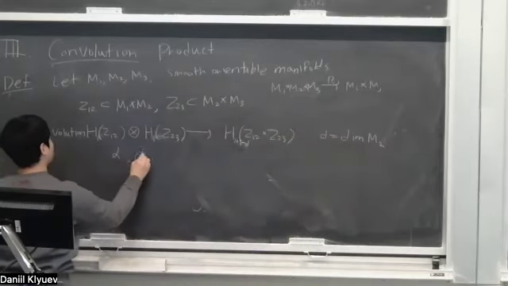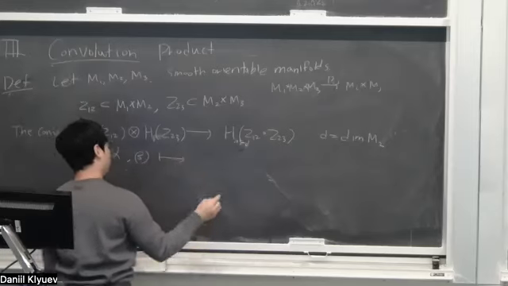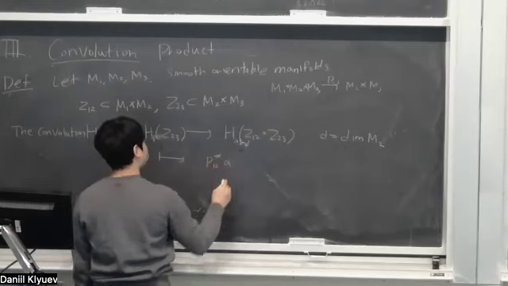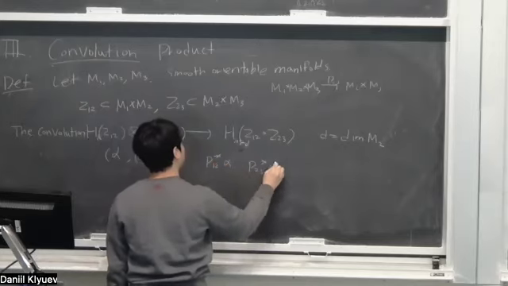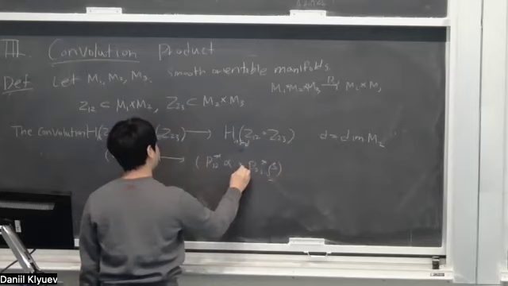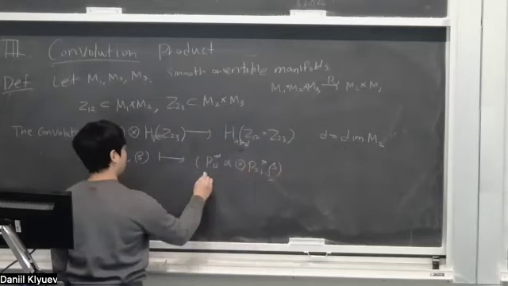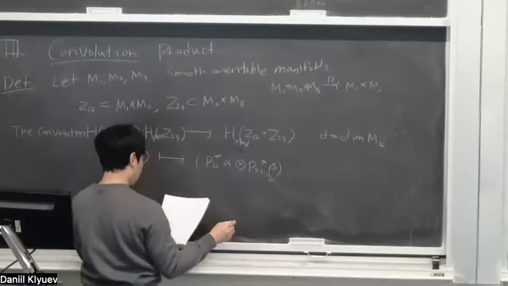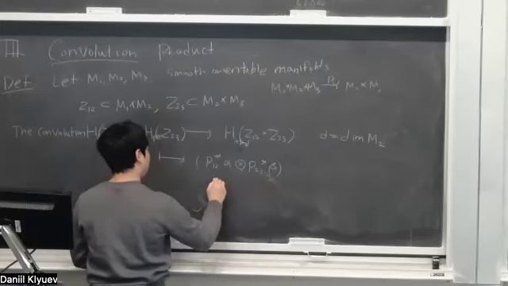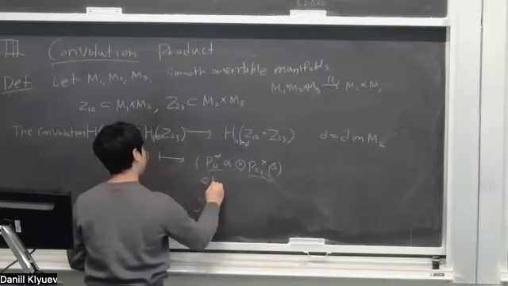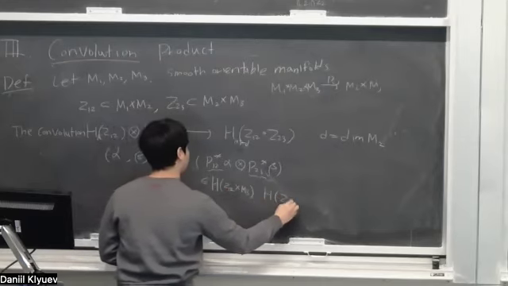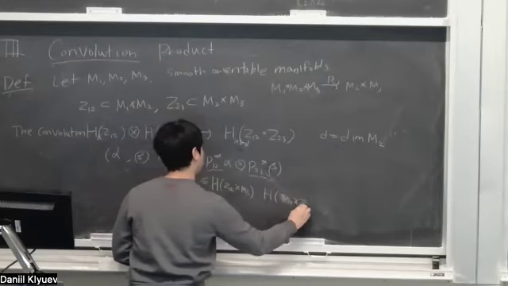This will map alpha and beta to first P12 star alpha and P23 star beta, and then tensor product, where P12 star alpha and P23 star beta are in H of Z12 cross M3 and H of M1 cross Z23.